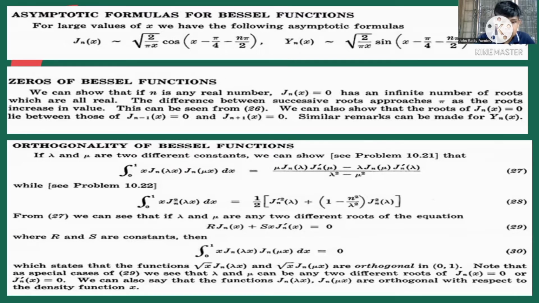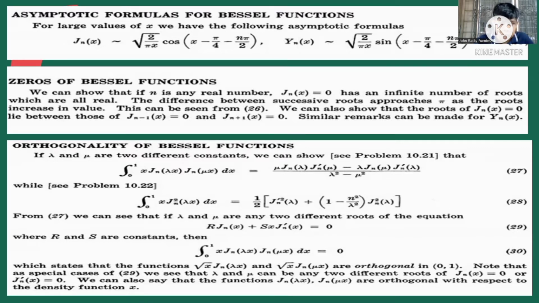Then ang magiging sagot dito is the integral from 0 to 1 of x j sub n lambda x j sub n mu x dx is equals to 0, which states that the functions square root of x j sub n lambda x and square root of x j sub n mu x are orthogonal in 0, 1.